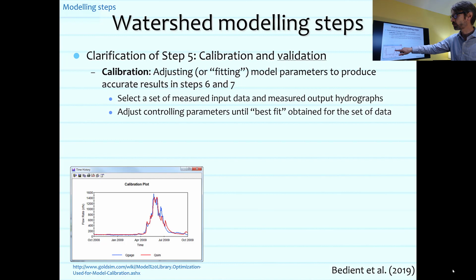This is what it can look like. Here's my gauge record in blue, and here are the obtained simulation results in red. And you can see they don't line up perfectly. We don't expect them to because a model is a simplification of reality. And so whatever processes that gave rise to this blue peak here may not actually be included in my model.